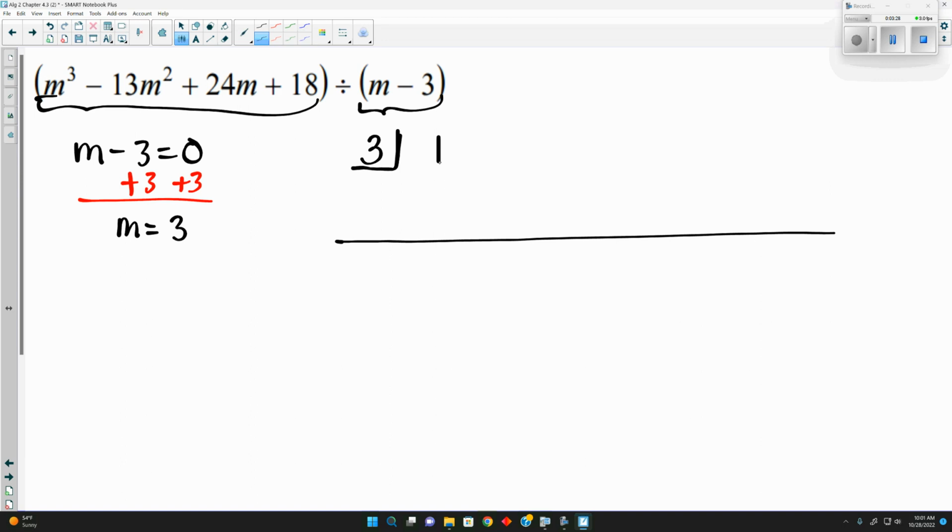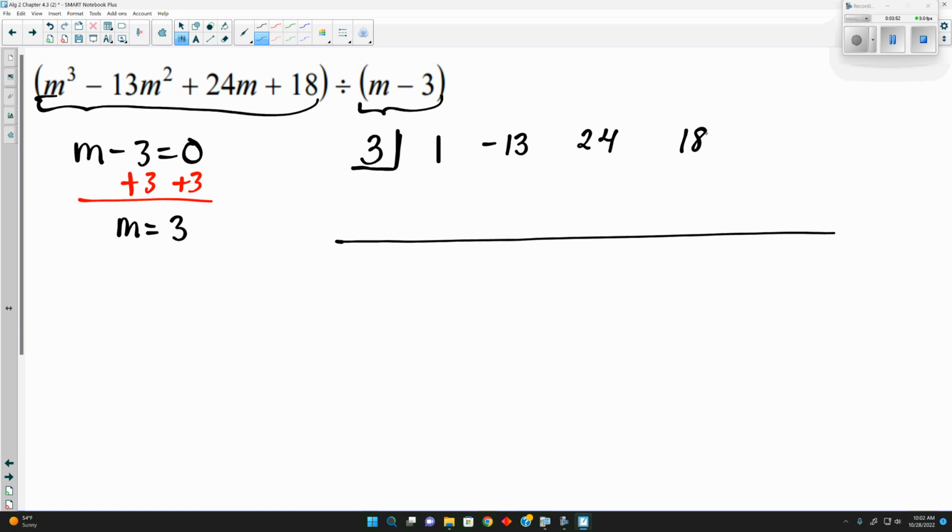Then the next number is what? Negative 13. The number after that is? And the last number is? Okay. We have this set up so far, yes? So we're good with everything so far?